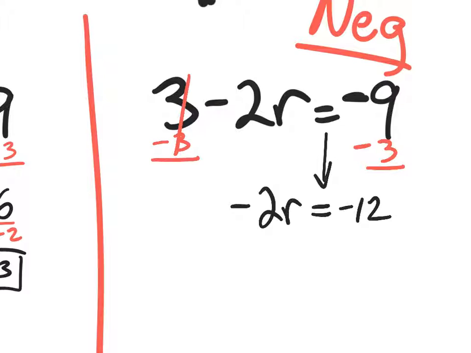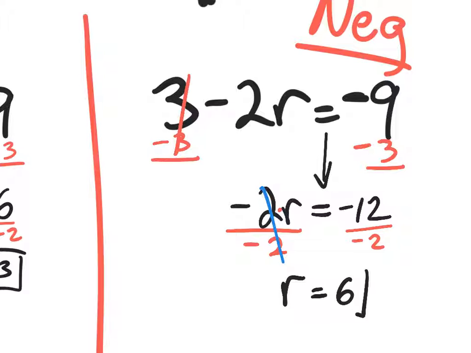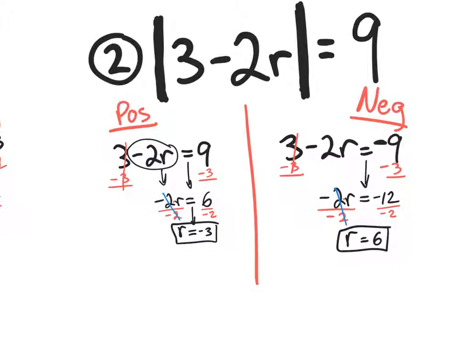And once again, we need to get rid of the multiplication of negative 2 by doing the opposite, dividing by that exact value, negative 2. What you do to one side, you must do to the other. What do we have left on the left side? The nice, beautiful r all by itself, and that's what we want. That's our goal, to get r all by itself. And negative 12 divided by negative 2 is positive 6. So we are done. We have both answers to number 2.